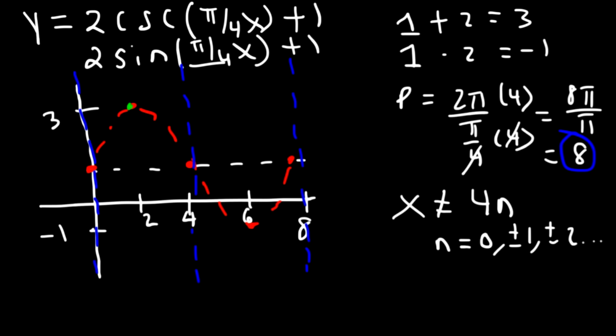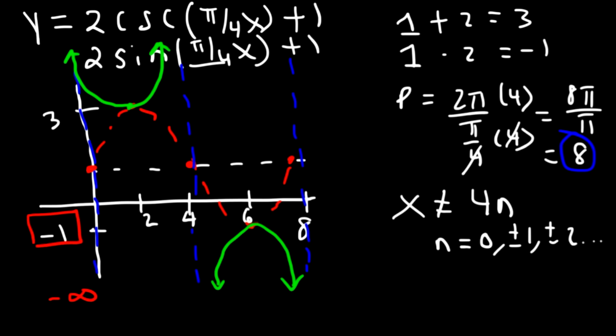And now we can graph cosecant. So simply draw it like this. Now, what is the range of this function? So notice that it's going to go down to negative infinity, and it's going to stop at negative 1.